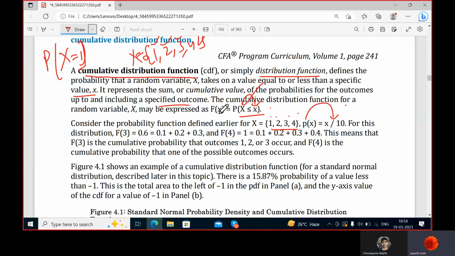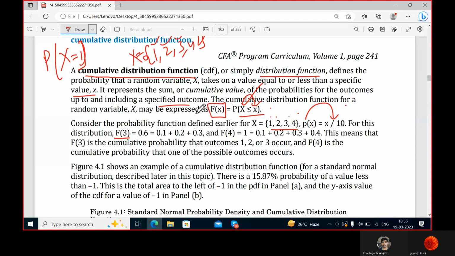So if we take 3 here, for this distribution, f of 3 is equal to 0.6. How is it 0.6? We denote the cumulative distribution function with f of x.